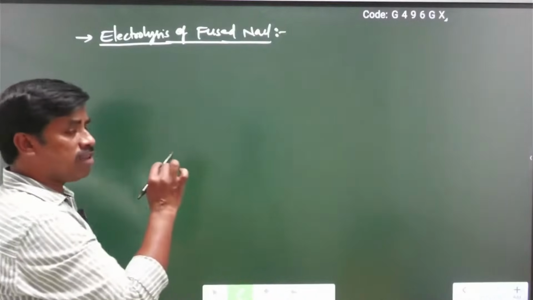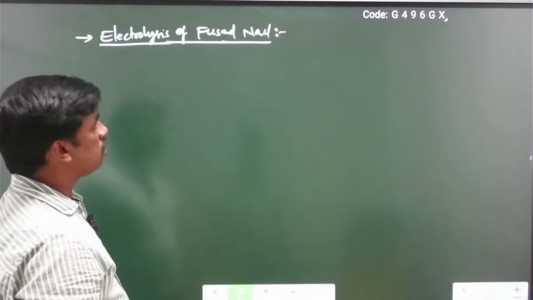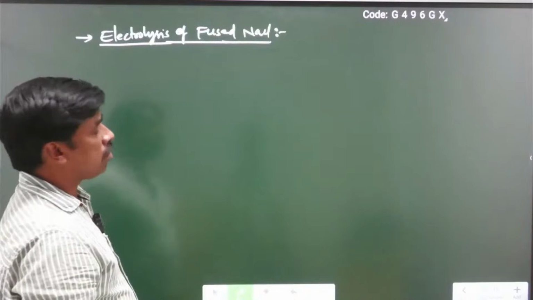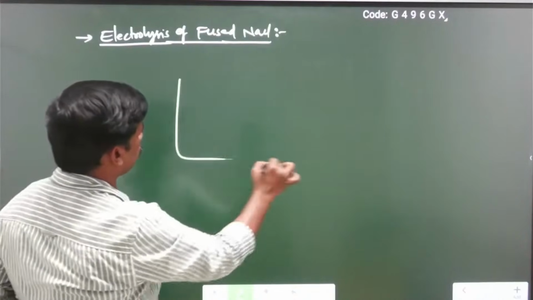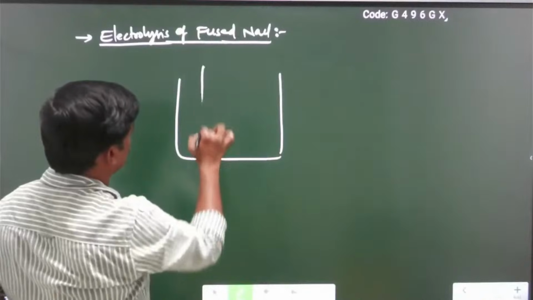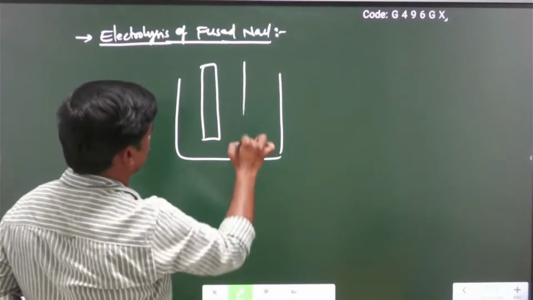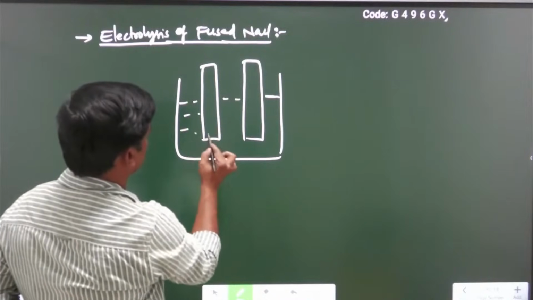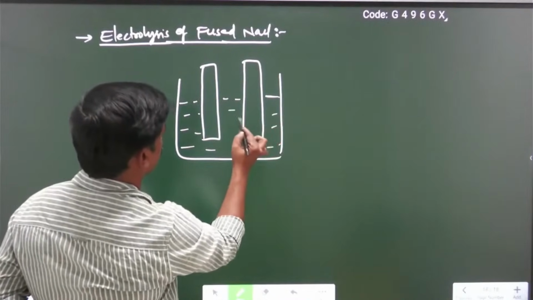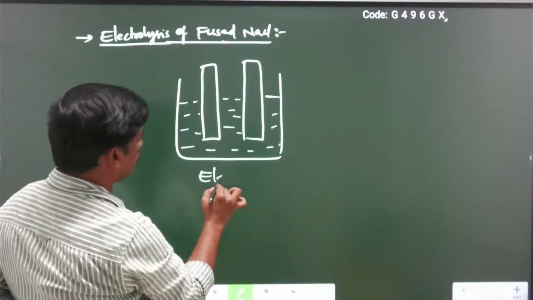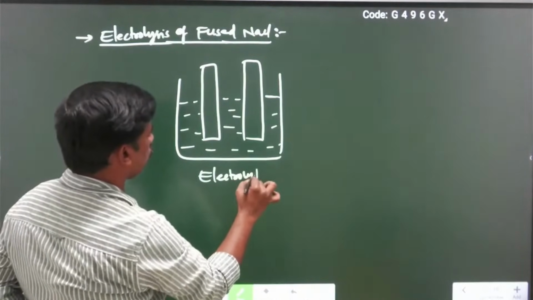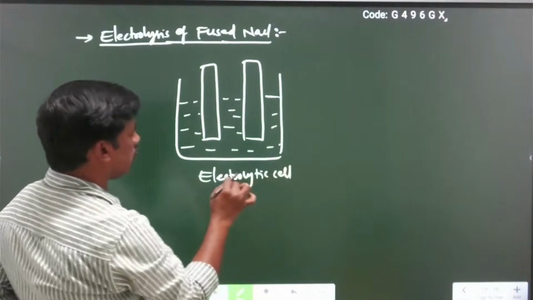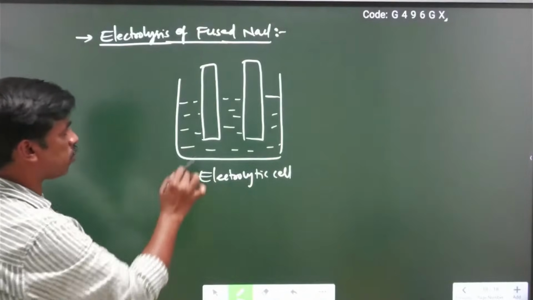This electrolytic cell consists of two electrodes.